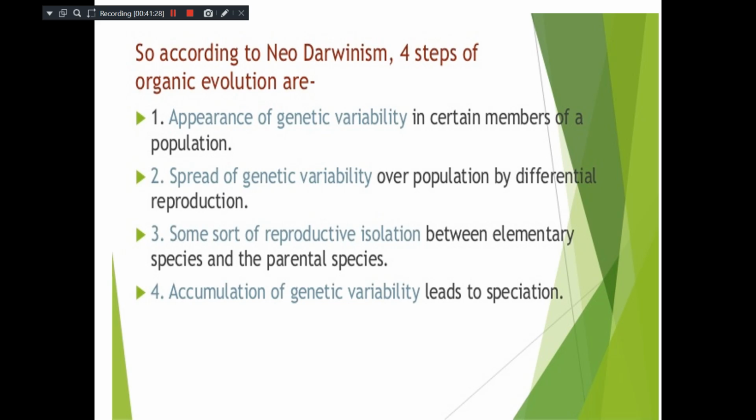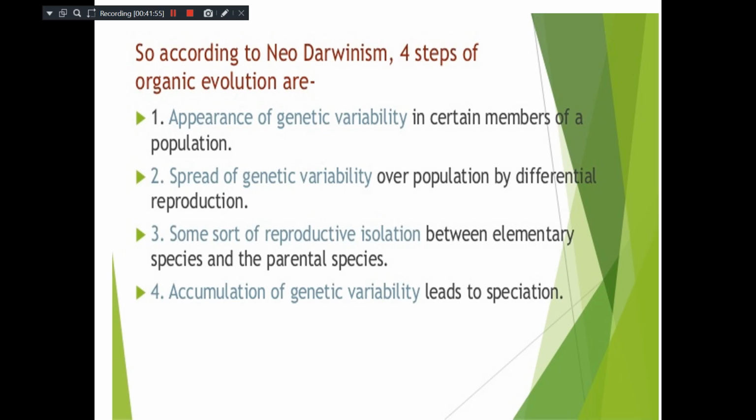Then it's also true that there may be some sort of isolation mechanism between the elementary species as well as the parental species. As a result of it, there will be reproductive isolation.